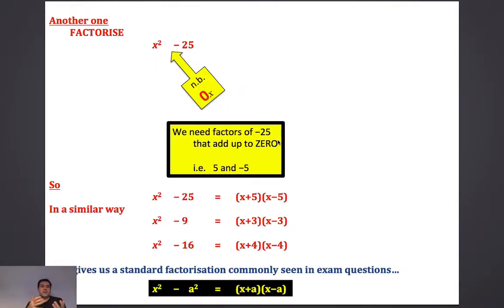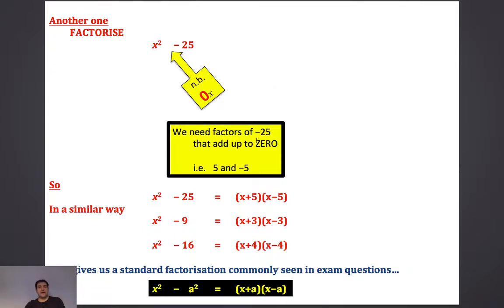Here's another tricky one. x squared minus 25. Now you notice there's no x term, unlike the previous examples. So it's like having 0x. So think of that as x squared plus 0x minus 25.